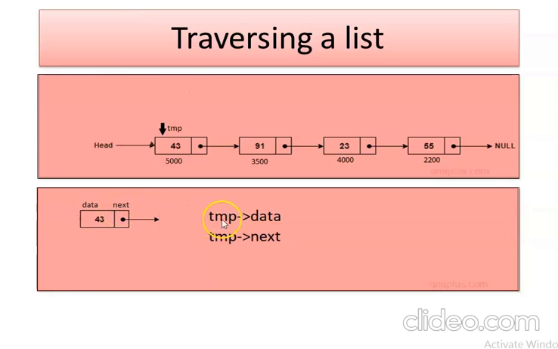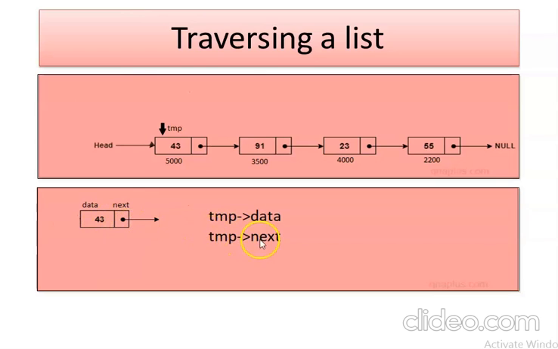If I am using TMP as the name of this node, then we can represent these fields as TMP arrow data and TMP arrow next. TMP is the name of this node, which has an address.